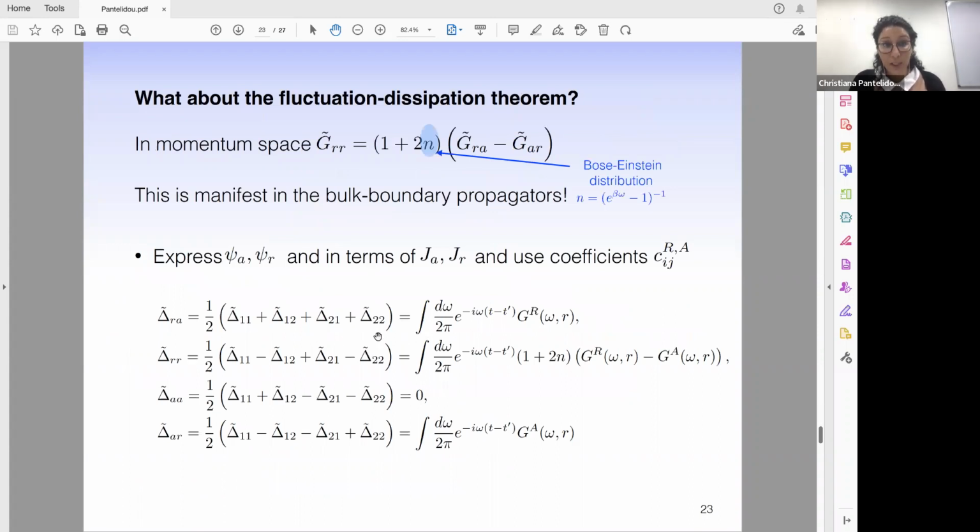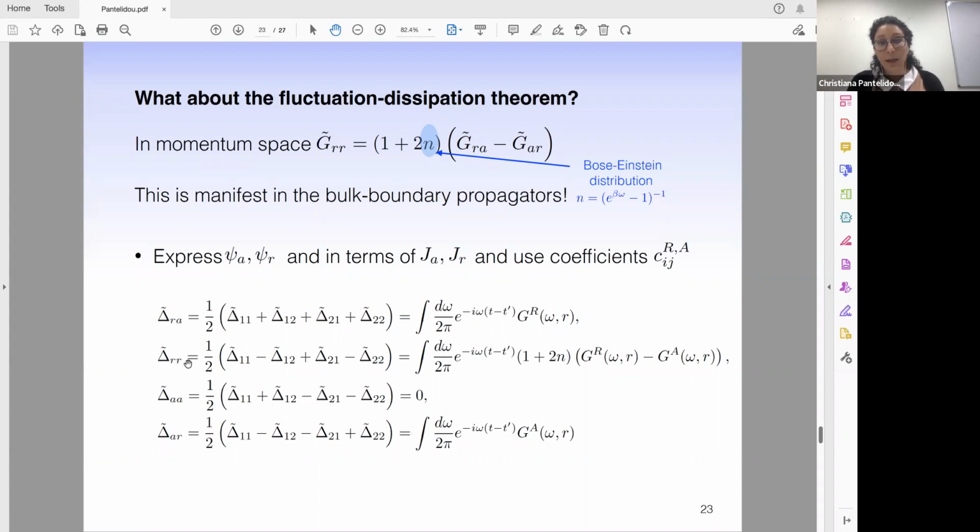And another free thing that we got is we actually saw that the fluctuation dissipation theorem for 2-point functions is precisely manifest in the bulk-to-boundary propagators. So if you express your field psi_r and psi_a in terms of J_A and J_R, and you use the coefficients J_R and J_A that we found, then you get that the bulk-to-boundary propagators in this basis look something like this.